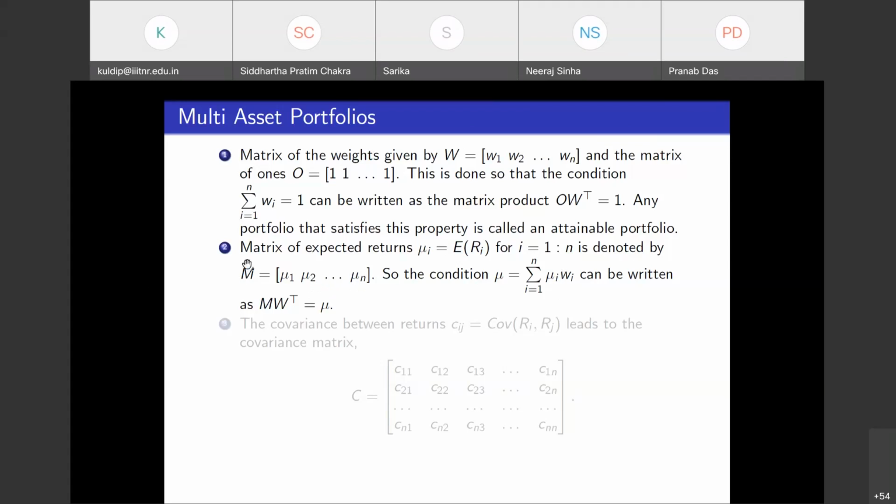And we denote this by M. This is the matrix, or the vector, of the expected returns. Remember that for the portfolio, the expected return is the summation of mu i Wi. And this can be written as M W transpose equal to mu. Remember, M is this 1 by n matrix, and W transpose is the transpose of this, which is an n by 1 matrix.